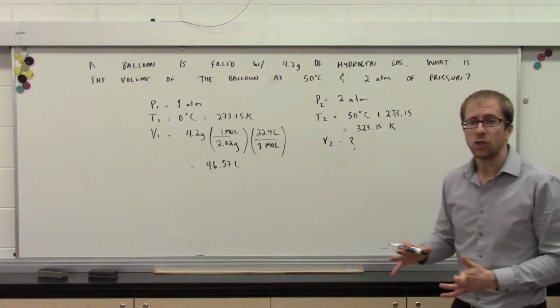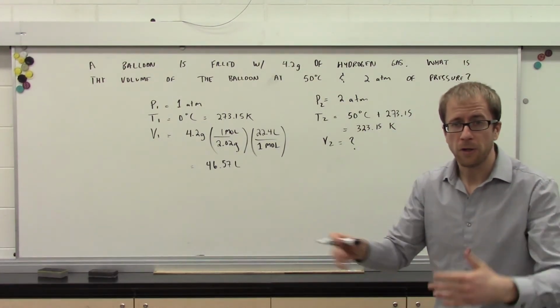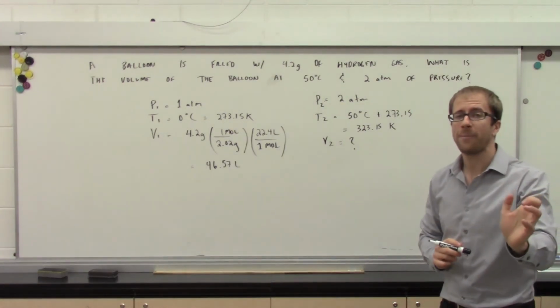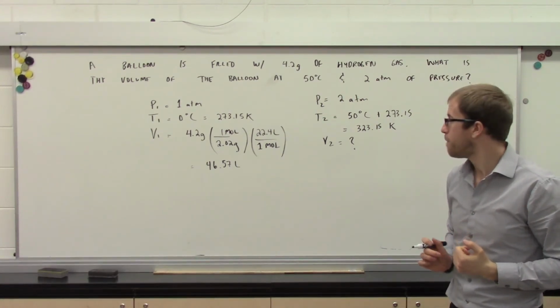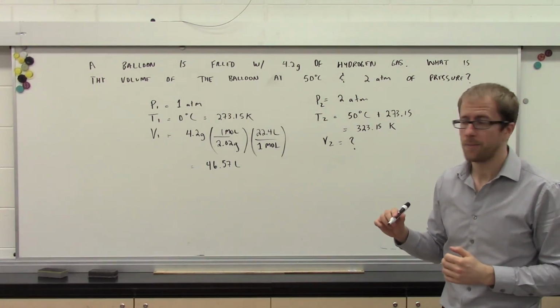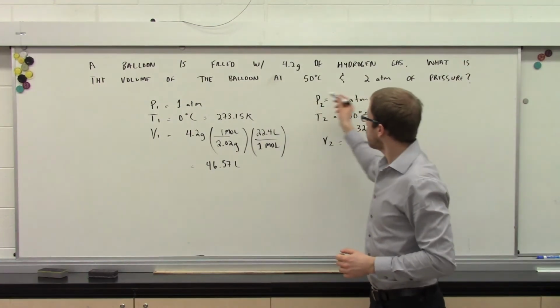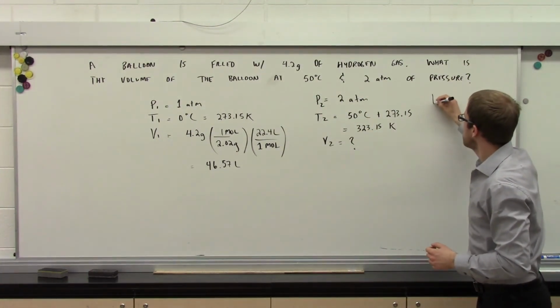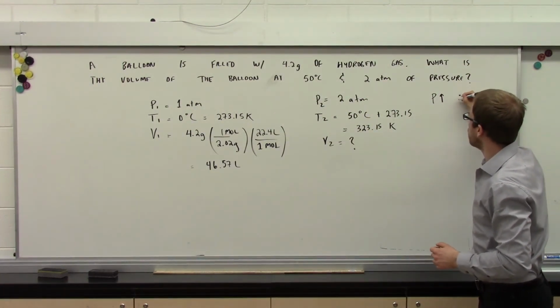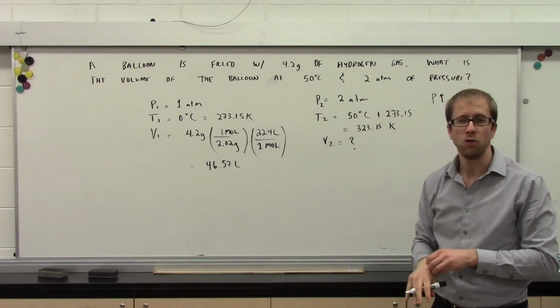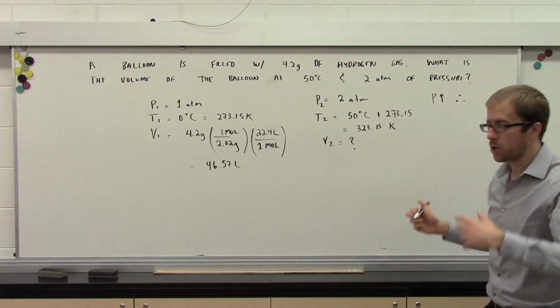So now it's just a question of, well, as a result of our change in pressure, what happened to our volume? Well, we increased our pressure. So if we increase our pressure, what therefore is going to happen to our volume? Well, it's going to go down, right?